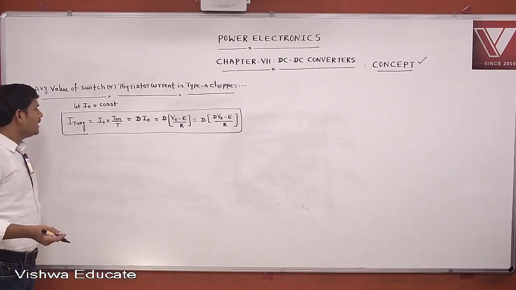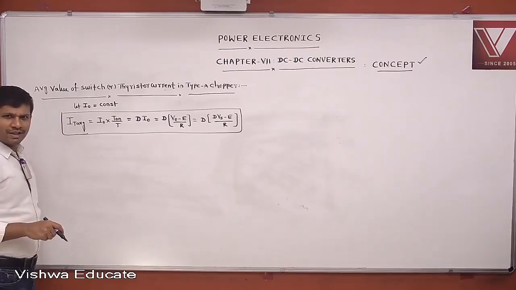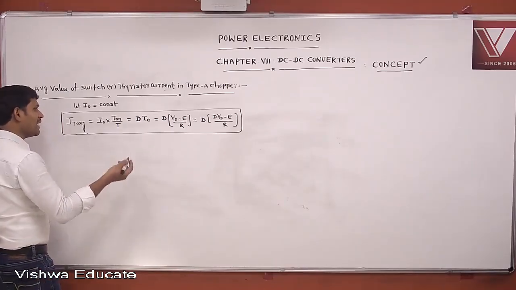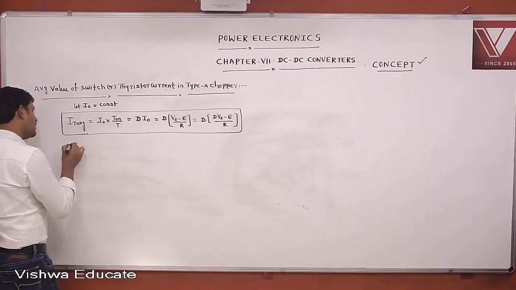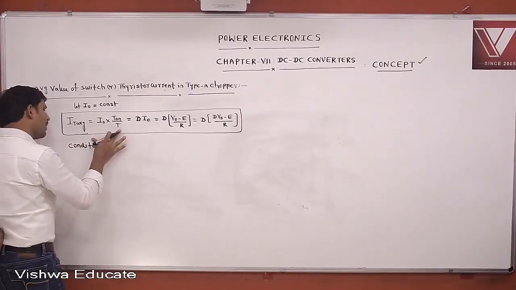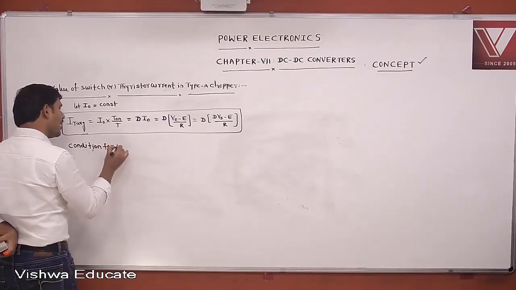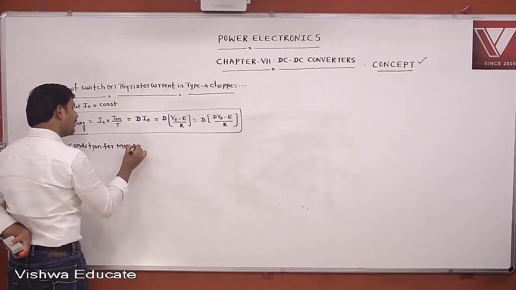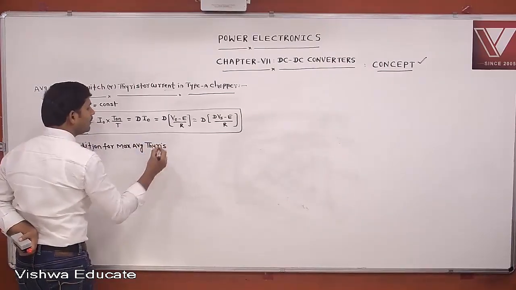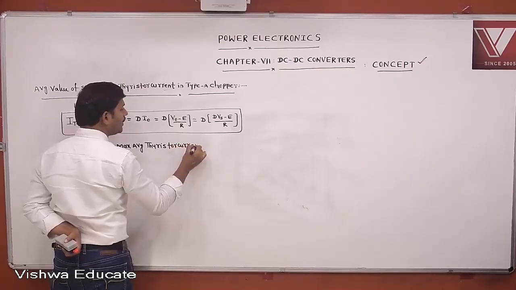Then what is the duty cycle at maximum average thyristor current? To get the condition for maximum average thyristor current, how can we get it?